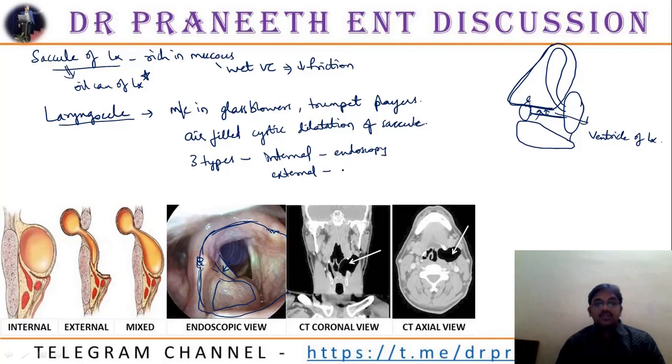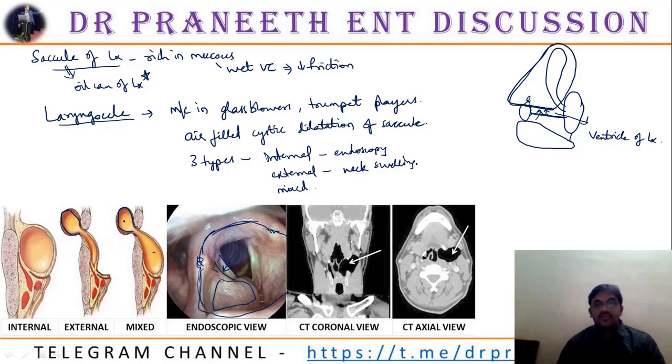It presents as an external neck swelling. It pierces the thyroid membrane and comes outside to lie outside. This is the external component. And mixed will have both internal as well as external parts.